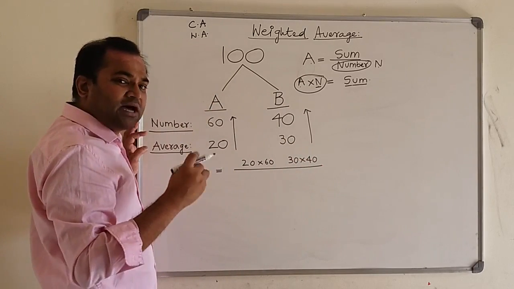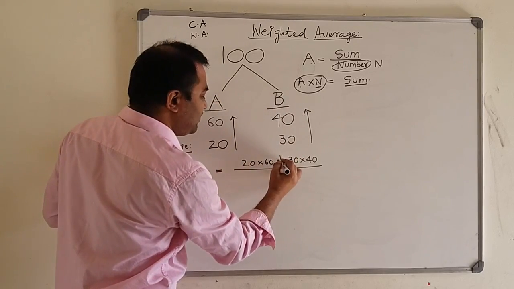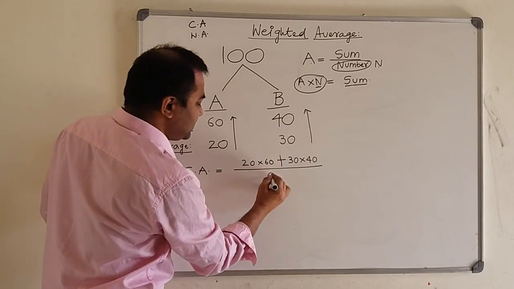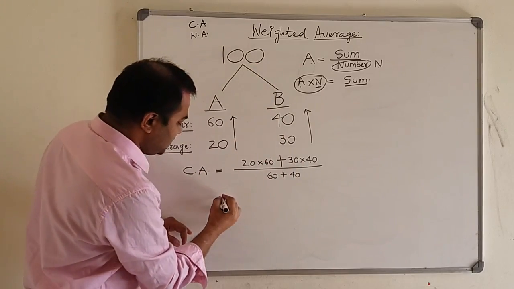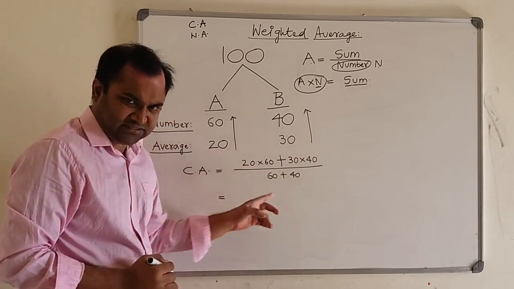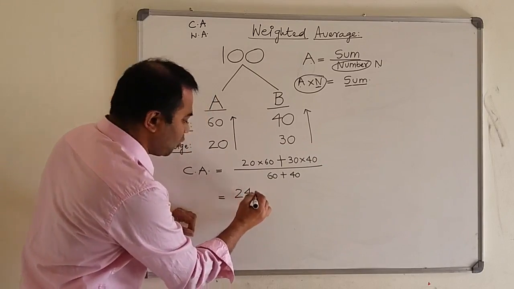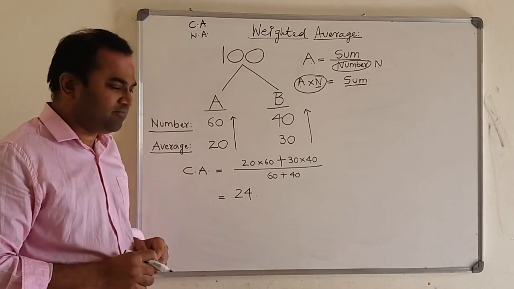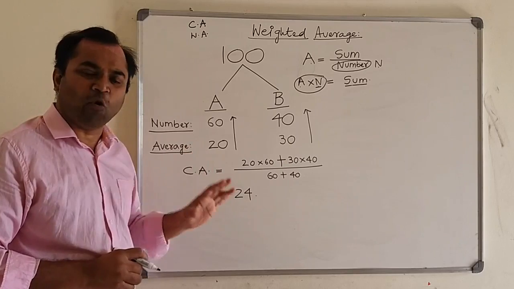So the total sum of the marks of the students in the two groups will be this sum divided by total number of students, 60 plus 40, which will anyway be 100 only. So after you simplify this, the number comes to 24. So combined average of these two groups A and B, whose respective averages are 20 and 30, is 24.